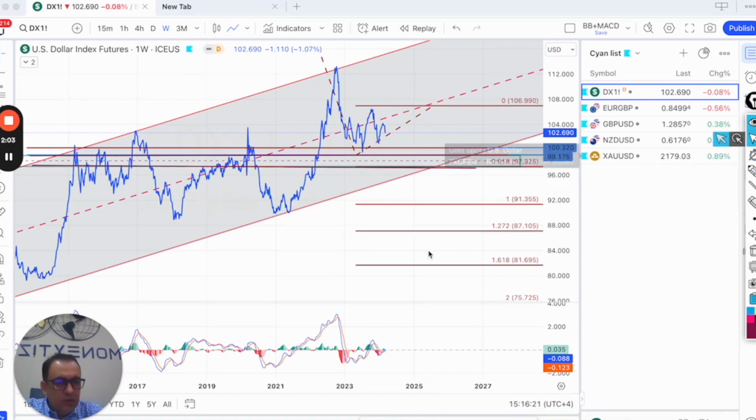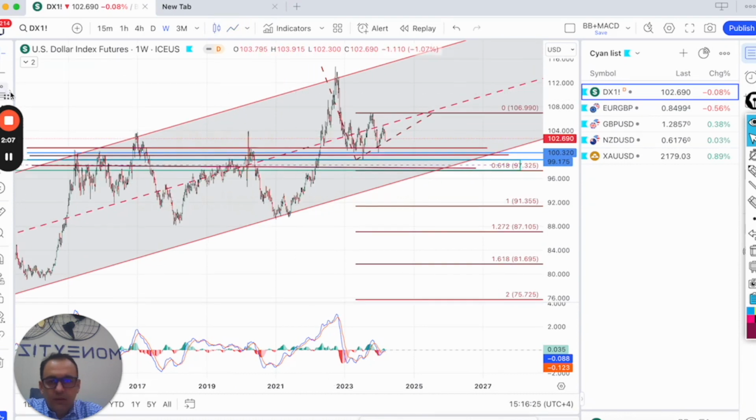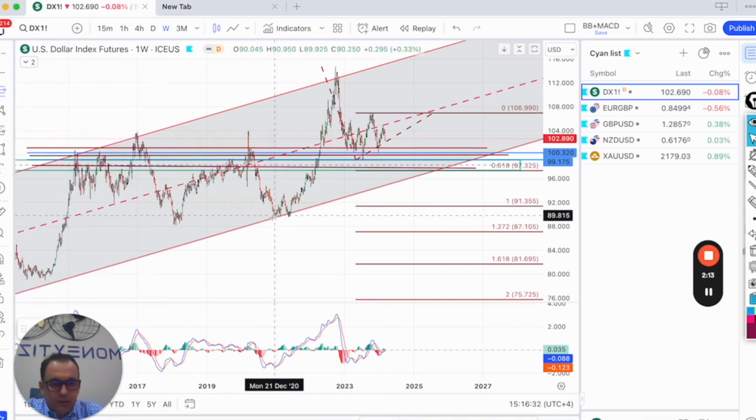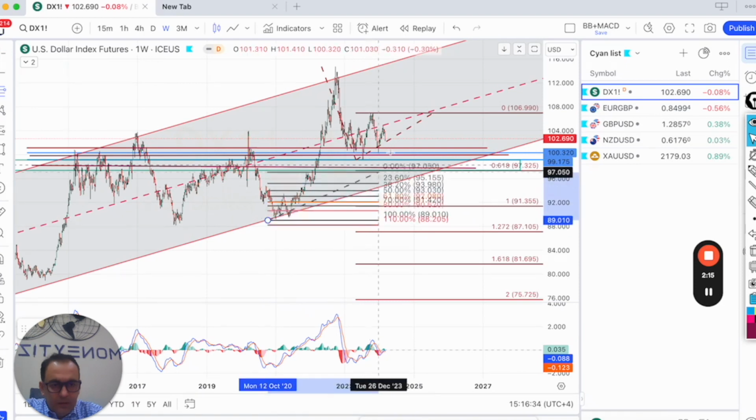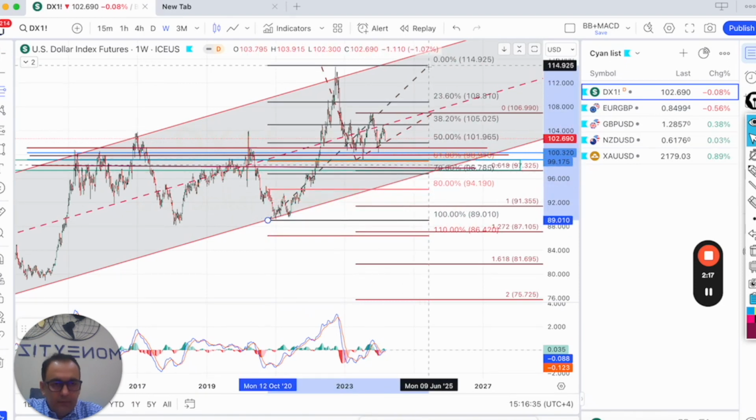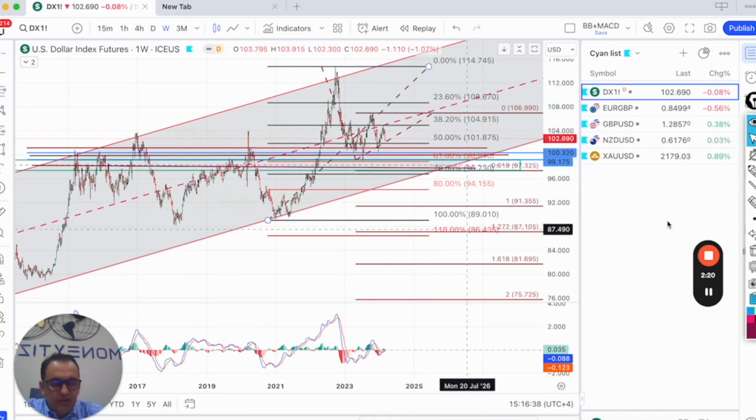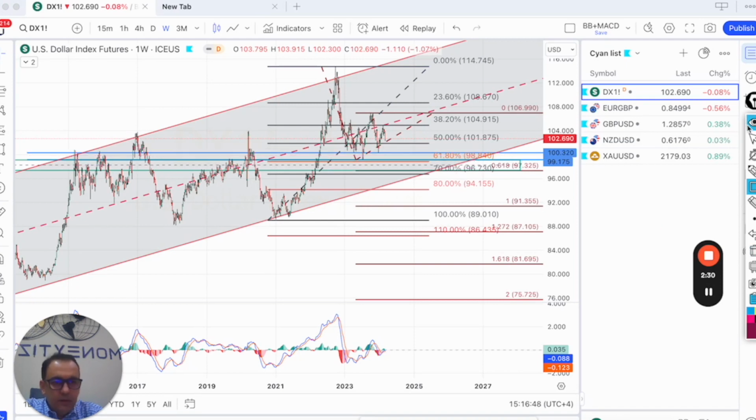I've also applied a fib retracement on the upside leg here. Based on the Fibonacci retracement, we have a confluence of the 61% retracement level, which is coming exactly inside the strong support level. Now let's zoom in and see what's happening here.